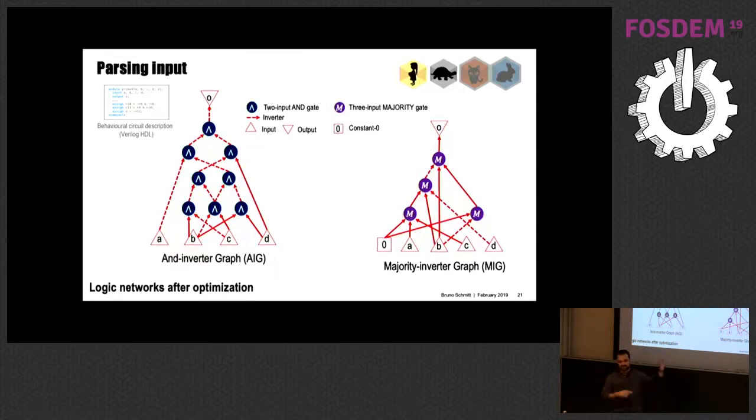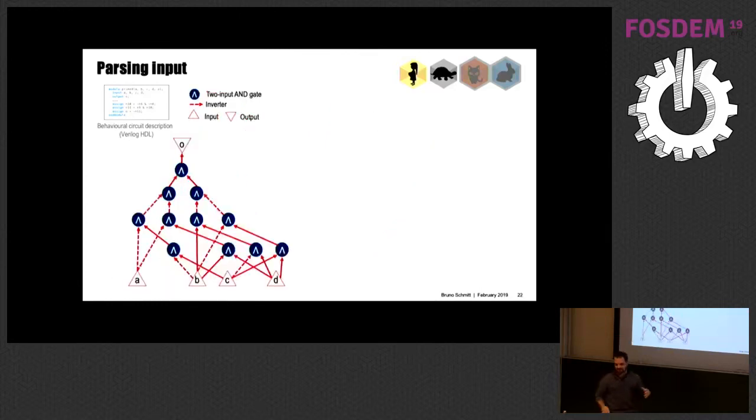But these are logic networks after optimization. Actually, when we read them directly, they look much messier, and they would not fit in this slide. The AIG actually does. So when we first read the Verilog, this is the AND-inverter graph that represents the logic of the prime 4 input.